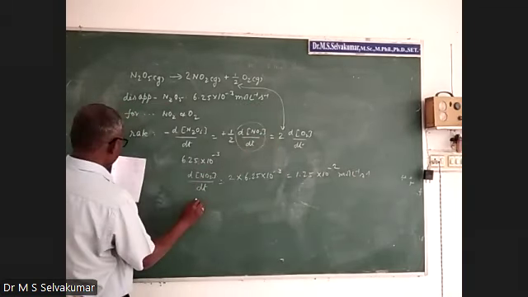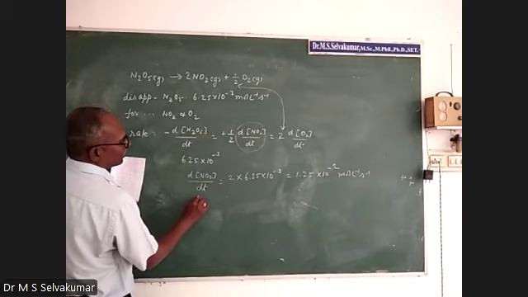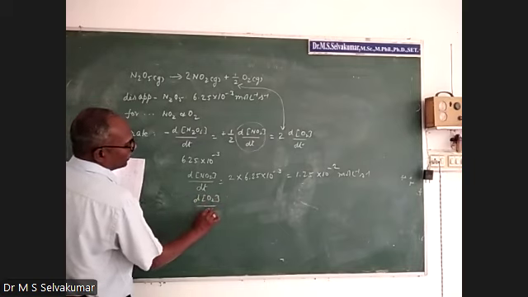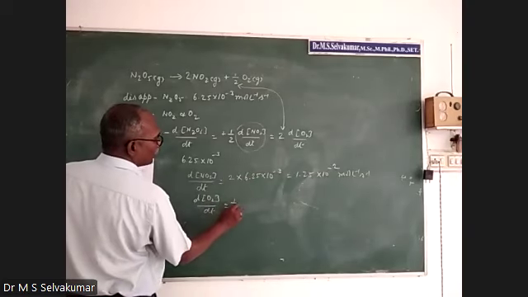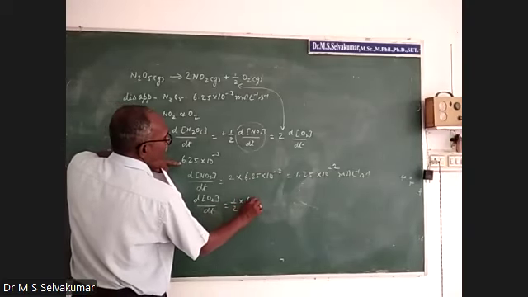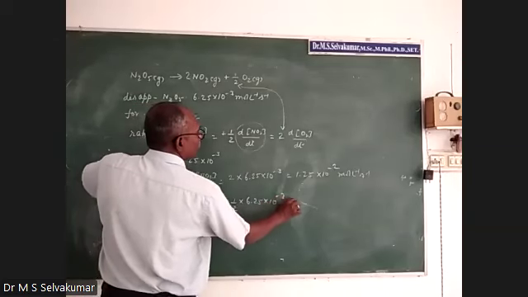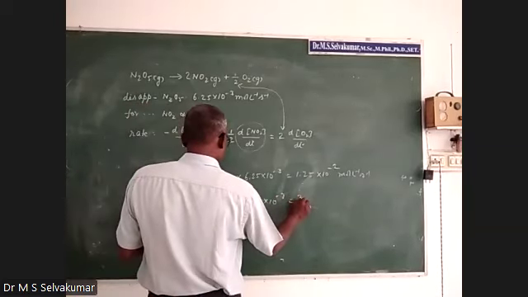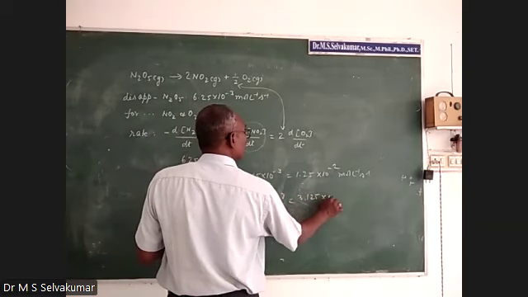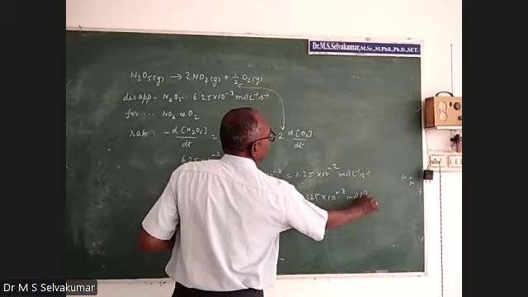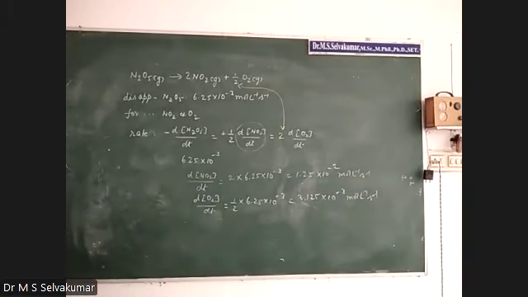So this will be dO2 by dt is equal to 1 by 2 into this value. So that is equal to 3.125 into 10 power minus 3 mole per liter per second. This is simply cross multiplying and simplification. Only thing is you should know to write the rate expression properly, and then you have to substitute the values and find out the answer.